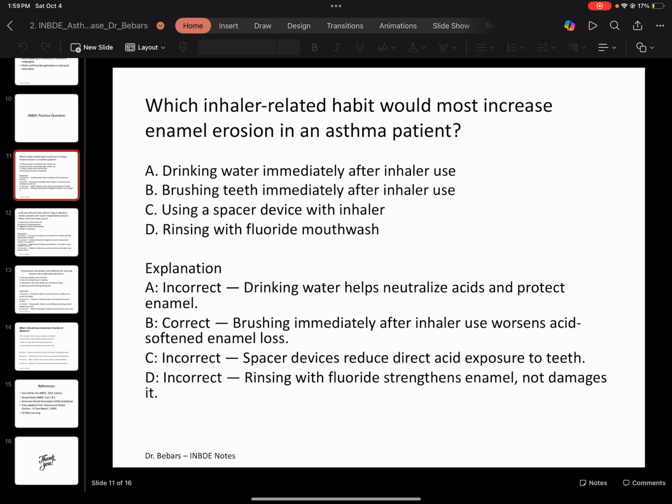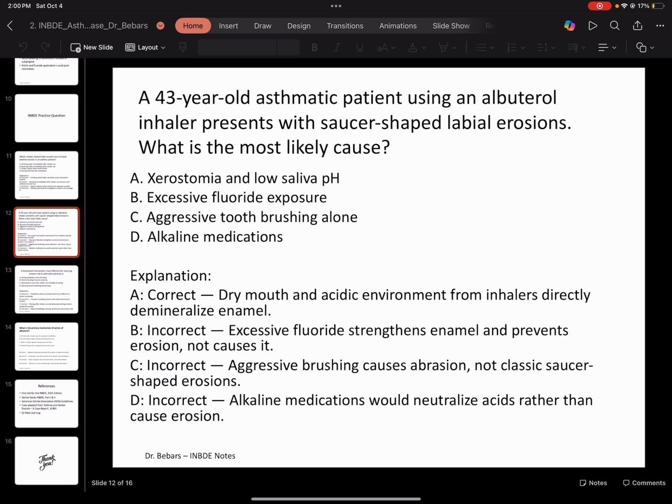Which inhaler-related habit would most increase enamel erosion in patients with asthma? Okay. A 43 years old patient with asthma using an albuterol inhaler presents with saucer-shaped labial erosions. What is the most likely cause?